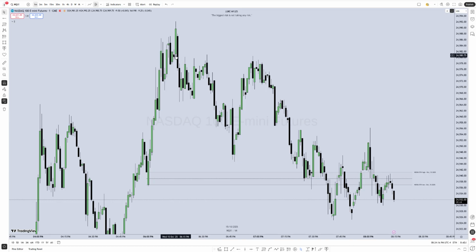So I'm having the low of this candle coming in at 24980.75, and the high of this candle coming in at 24978 even. So within that price range is my fair value gap, extend it into price.